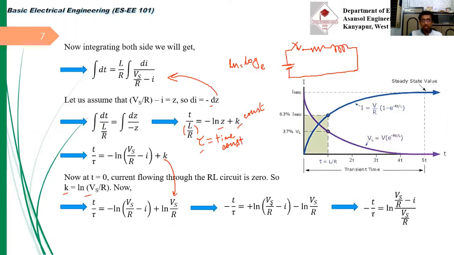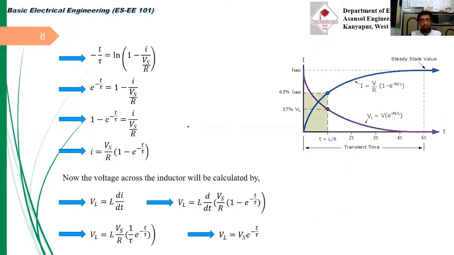Now put the value of k here, ln Vs by R. So t by tau, with the minus sign shifted, equals ln of 1 minus I by Vs by R. Now taking the exponential on both sides, e to the power minus t by tau equals 1 minus I by Vs by R. Taking 1 to this side, 1 minus e to the power minus t by tau equals I divided by Vs by R. So I equals Vs by R into 1 minus e to the power minus t by tau.